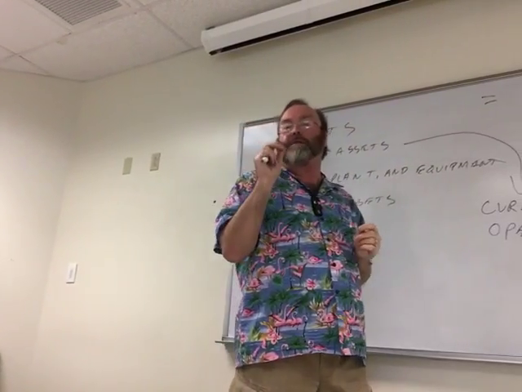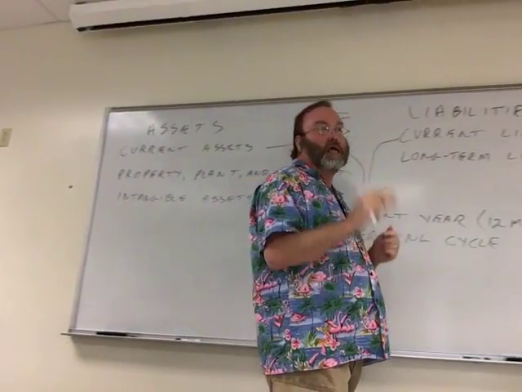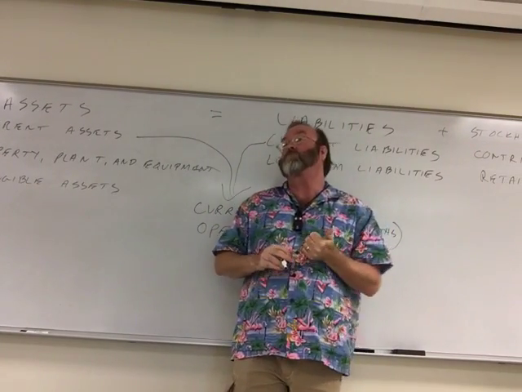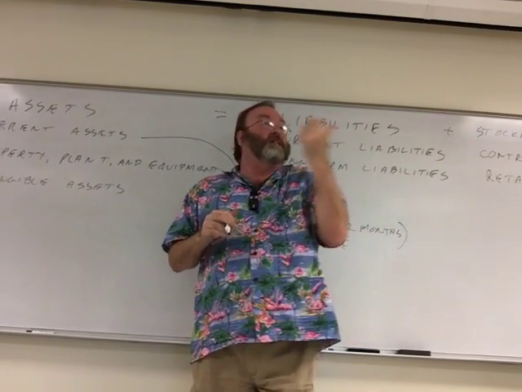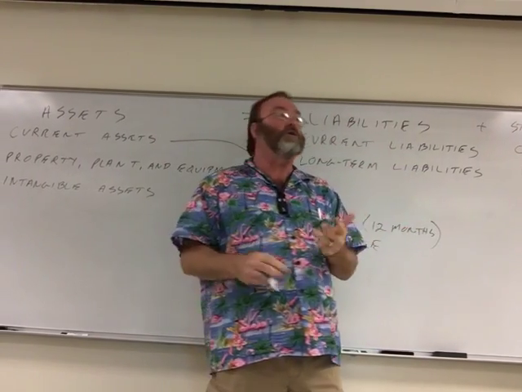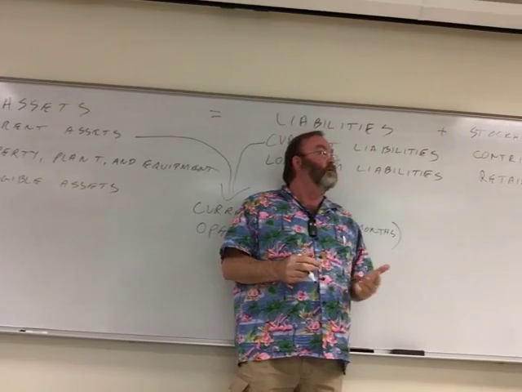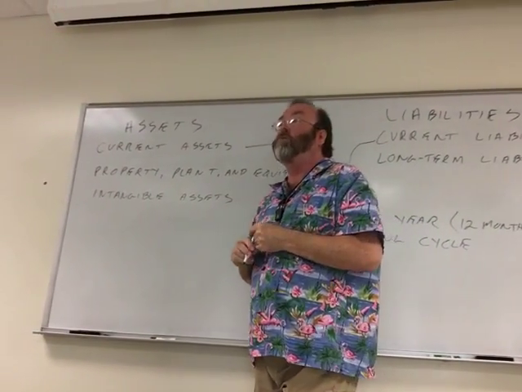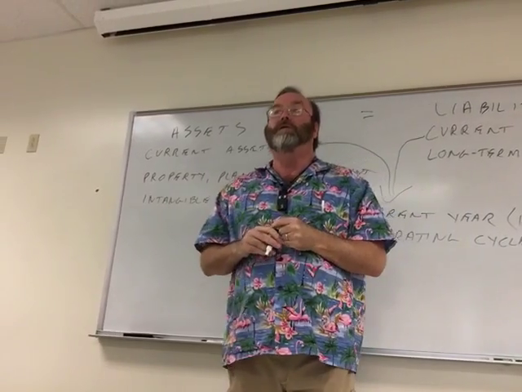Current liabilities is everything that you have due and payable in the next 12 months. So that's your accounts payable, your salaries and wages payable, your interest payable, your taxes payable, probably your unearned revenues or customer deposits.